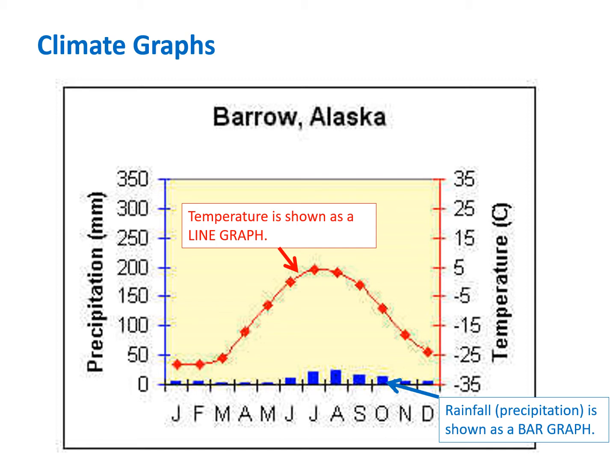Now, if we were going to use this climate graph to describe the climate of Barrow, there are certain things that you should do. If you're asked a question like this in an exam, there's always a procedure you should go through to maximise your marks, to make sure that you're getting full marks.